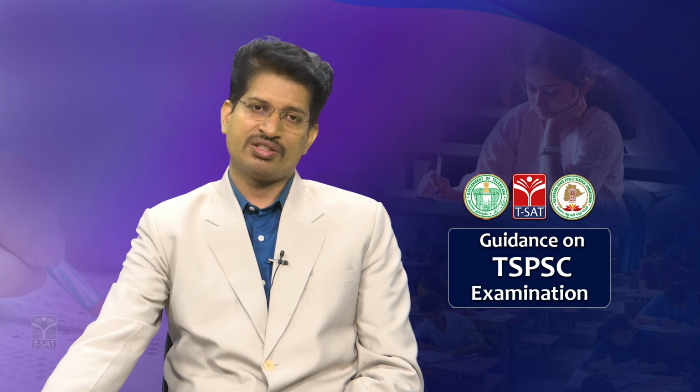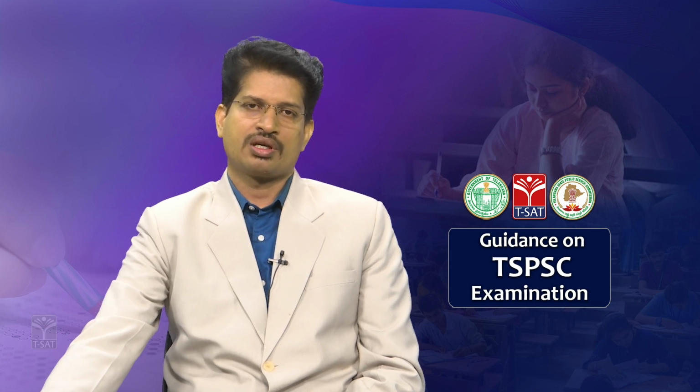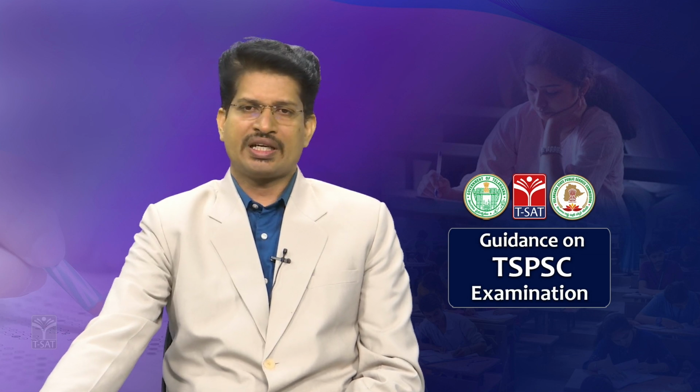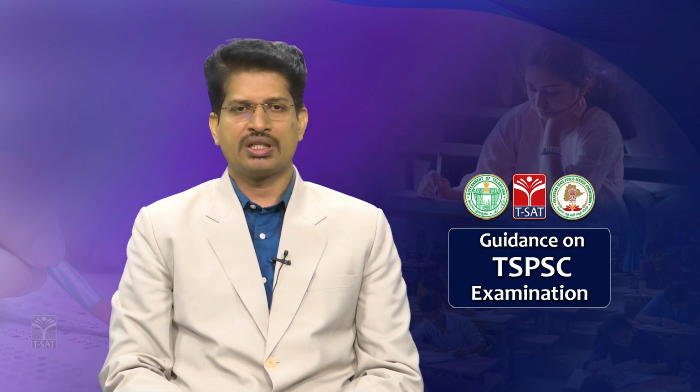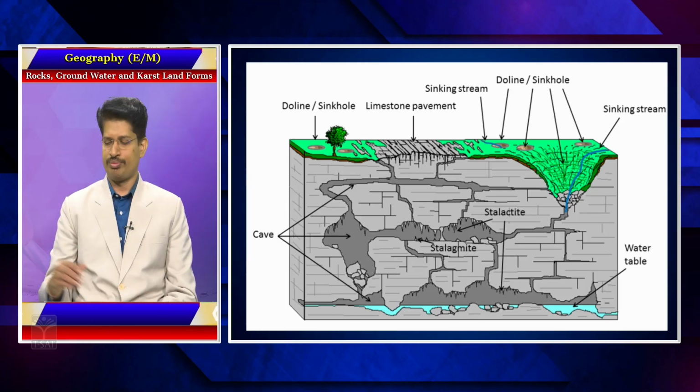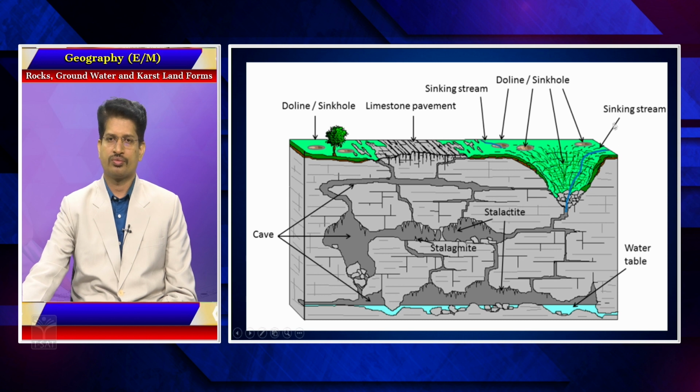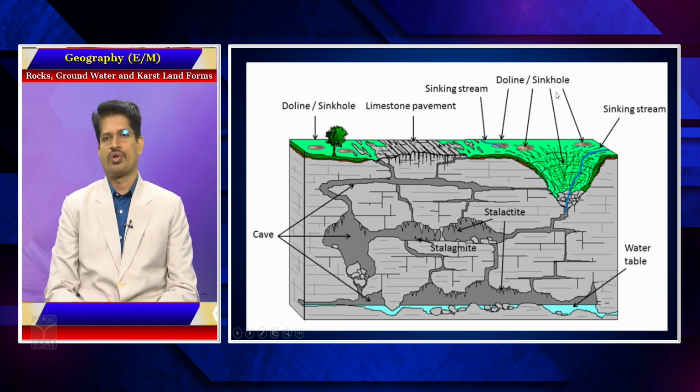So, what are the different kinds of features formed because of karst topography? The different features formed in karst topography are, for example, the sinkhole. Here doline and sinkhole are given as synonymous.